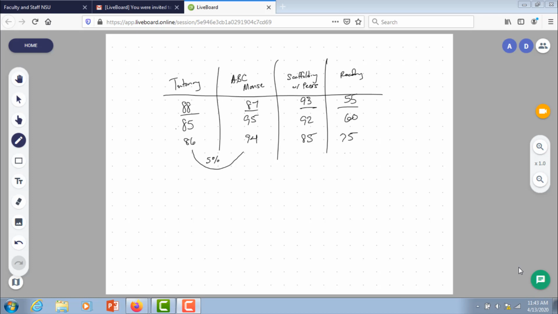Remember that alpha level is really an indication of the likelihood that you are committing a type 1 error. Type 1 error is when you reject the null hypothesis when you should have accepted it. So remember, in research, nothing is ever fact. All you do is put forth hypotheses and you gather evidence for it, and that evidence is all probability based. So we have a 5% error rating that will occur once we assess the significant difference across tutoring and ABC mouse.